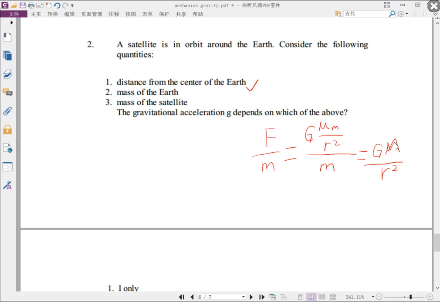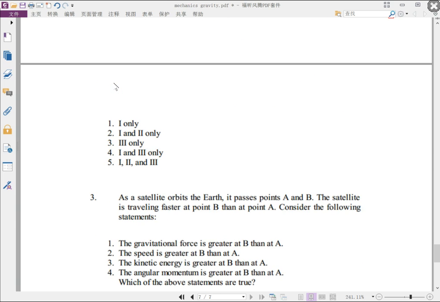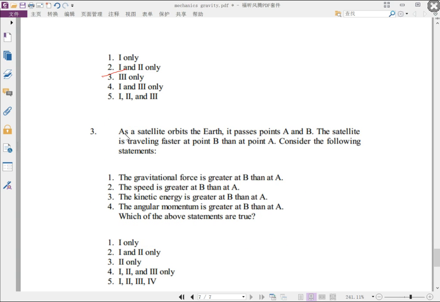So it is easily seen that acceleration depends on mass of the Earth and distance from the Earth, which is r. So it has nothing to do with mass of the satellite itself, which is small m. So it depends only on 1 and 2.